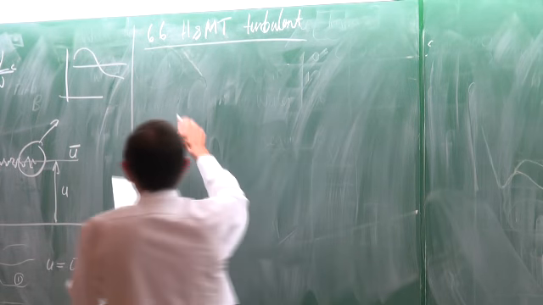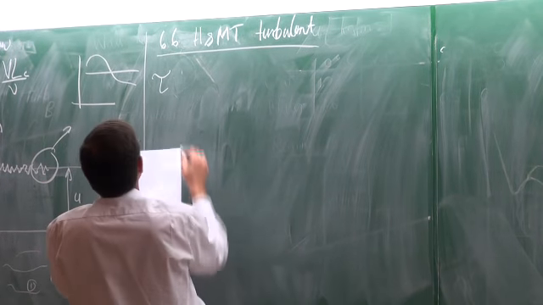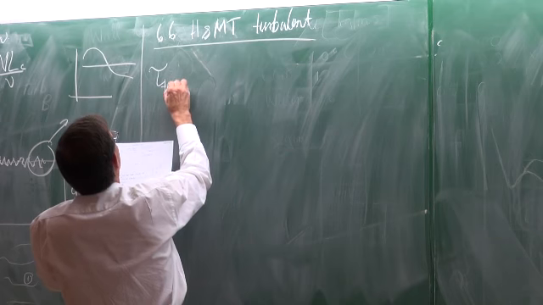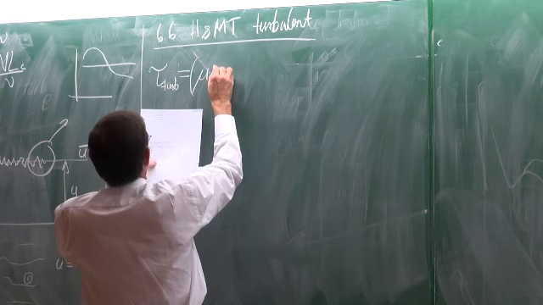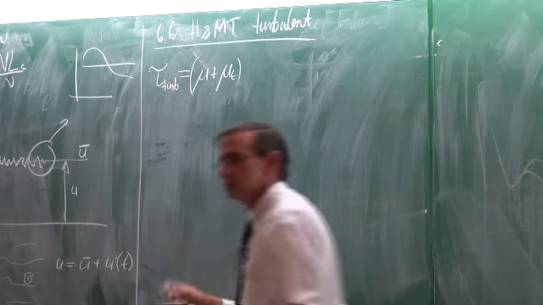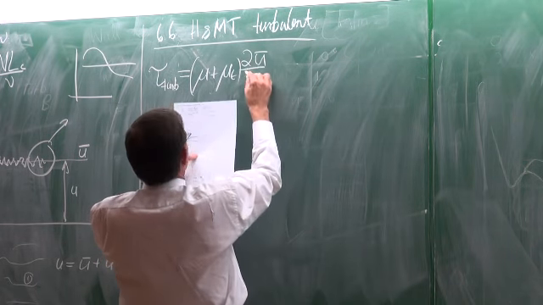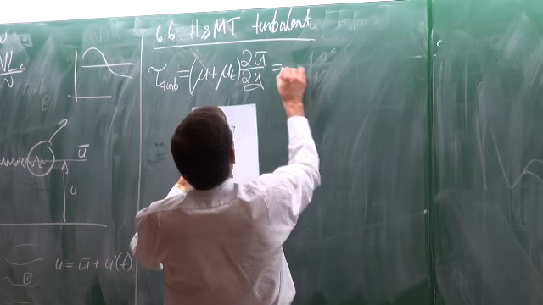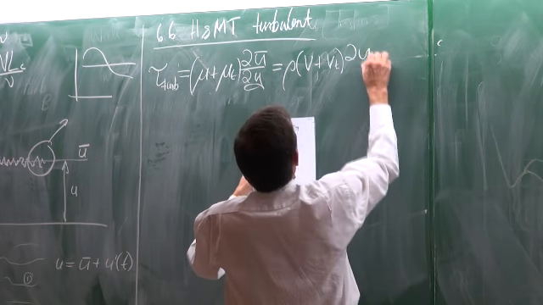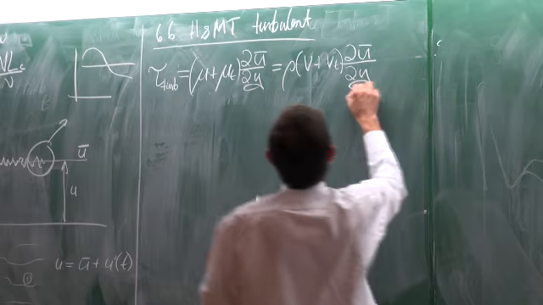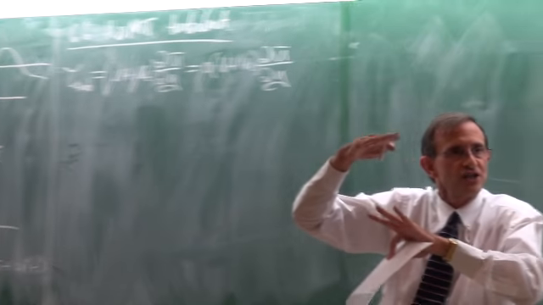Typically for turbulent flow, the shear stress can be written as the viscosity plus a turbulent component of it, multiplied by partial du dy, is equal to rho multiplied by v plus vt multiplied by partial du dy. So these would be the average values, and these would be the fluctuations.